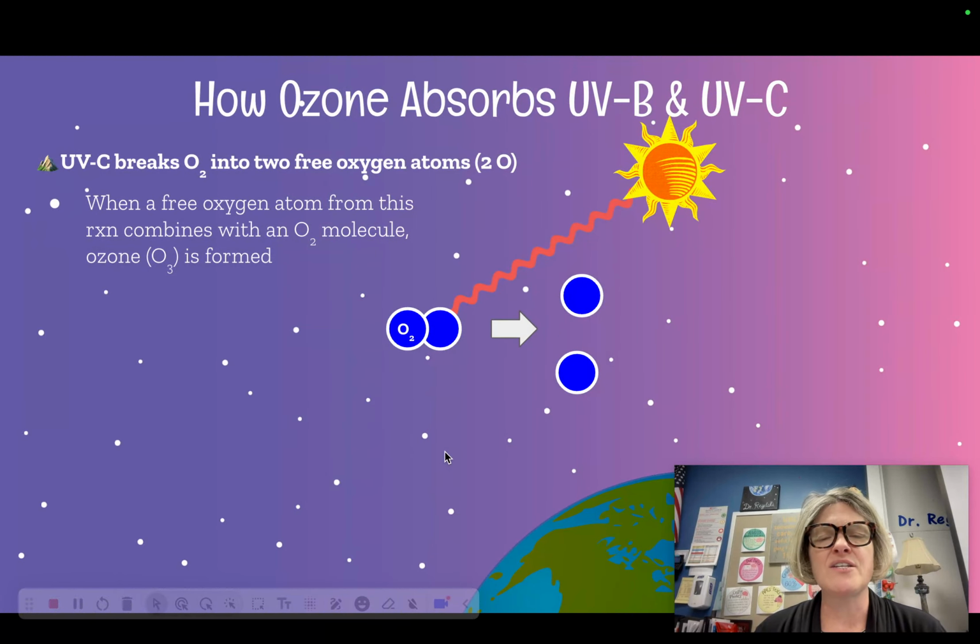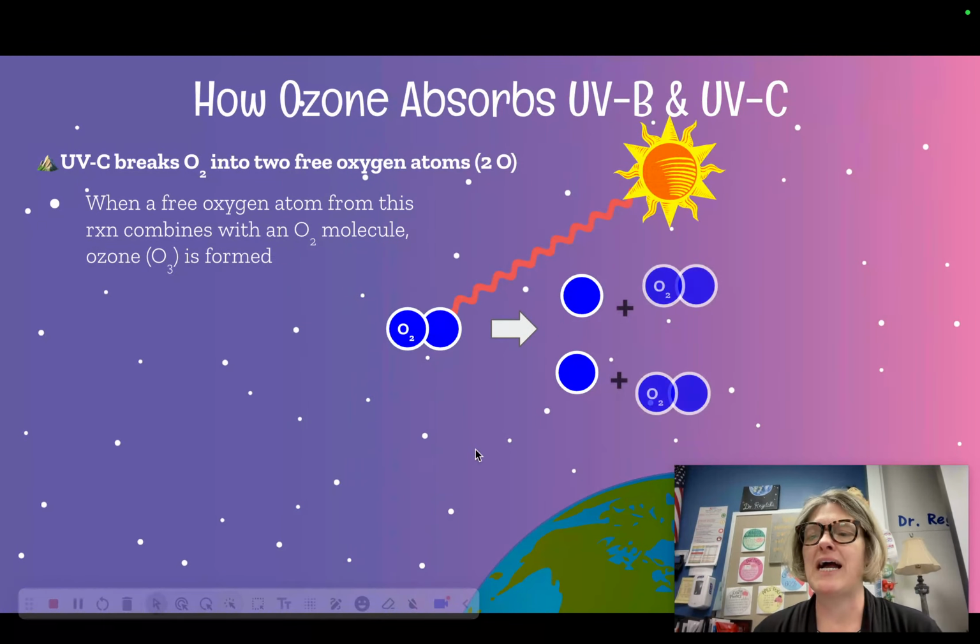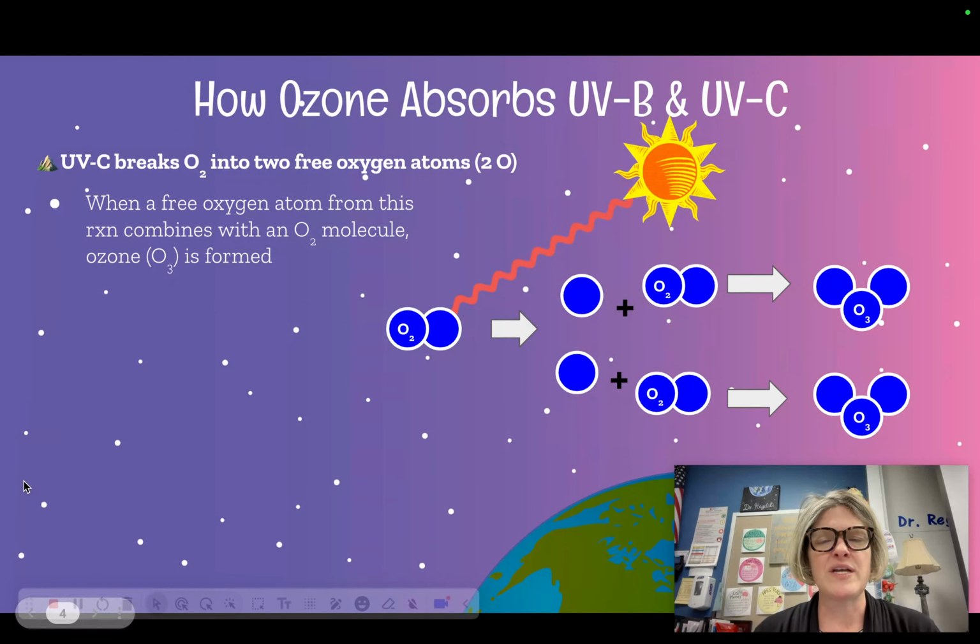When these free oxygen atoms combine with an O2 molecule that's free floating in the atmosphere, that's the atmospheric oxygen that we breathe in, then it'll form O3. Those two join together and it forms O3, which is the ozone.